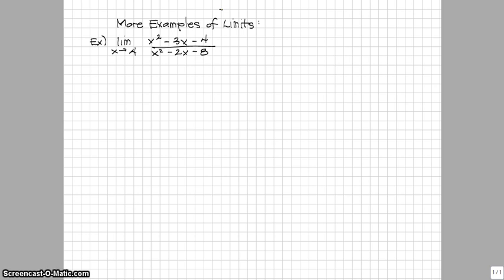Another thing that I should remember from algebra is that if a polynomial function has a 0 for some specific value, or some specific value is a 0 of that function, then x minus k, where k is that value that made it 0, is a factor of the function. In other words, if putting 4 into the top makes the top 0, then x minus 4 is a factor of the top.